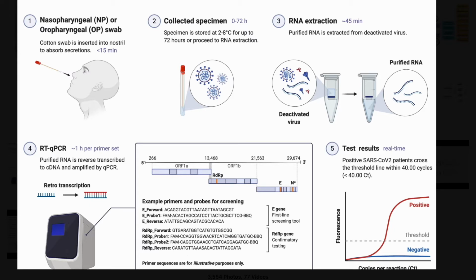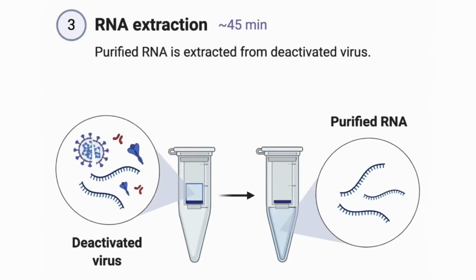Just a few more details about RT-PCR and PCR. This looks like a crowded picture, but it's actually a very good representation of what happens. So we'll go through it. We've already looked at steps 1 and 2 in this picture, but we haven't really explored step 3, which is RNA extraction. This step is necessary because PCR or RT-PCR really requires only the genomic material, so either RNA or DNA, of the virus or the bacteria.